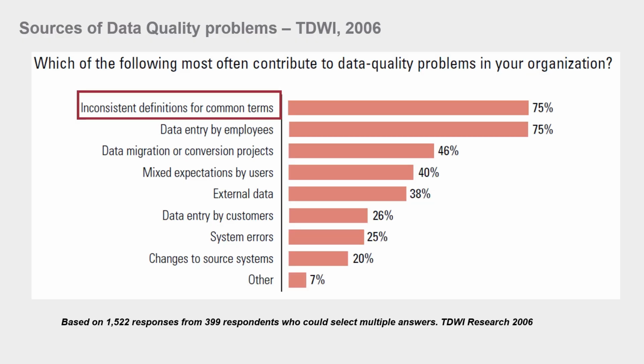Let's now turn to the inconsistent definitions problem. This applies to one category of data entities you have in your organization, which appear over and over again in your business application and analytics systems. This is what's called master data.